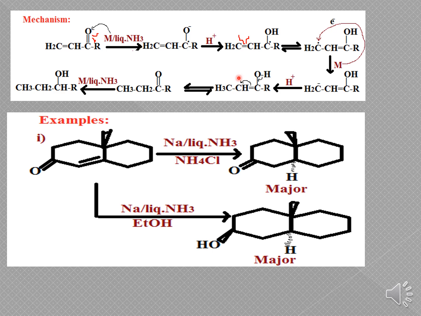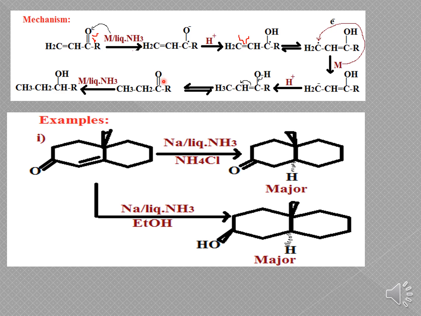Okay. First step, you are removing this proton. When you remove this proton, you will get the double bond here, and then when this bond shifts, you will gain a minus charge. That minus charge will abstract the proton from here. Okay, then you will get CH3CH2C(=O)R.